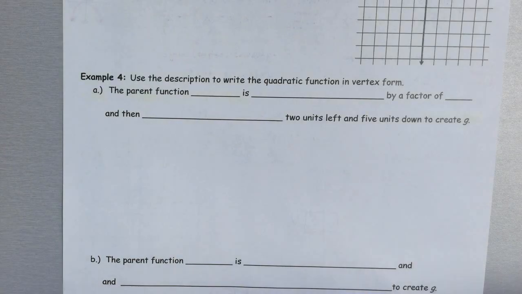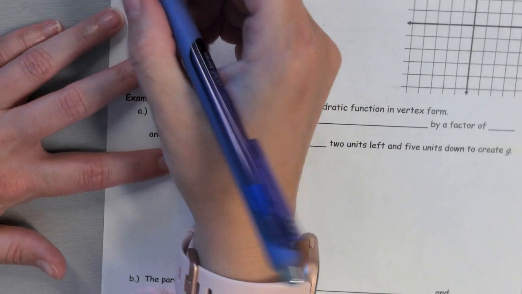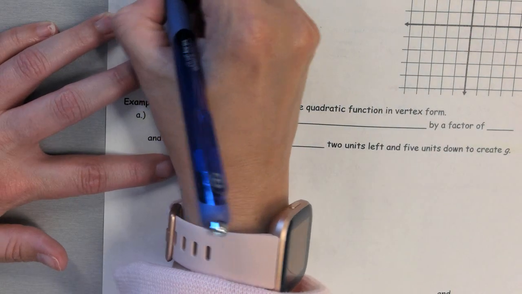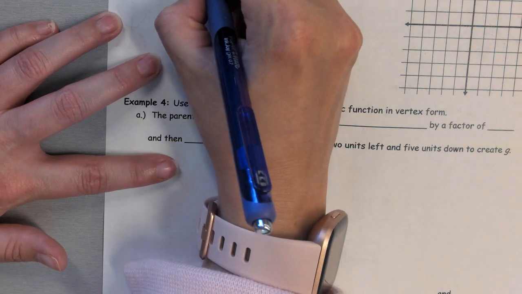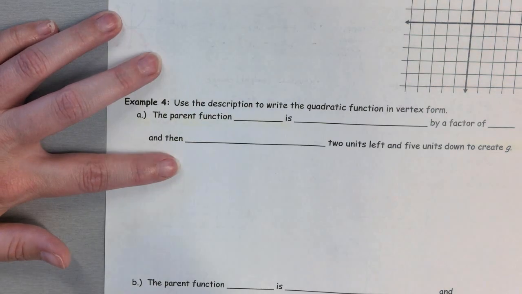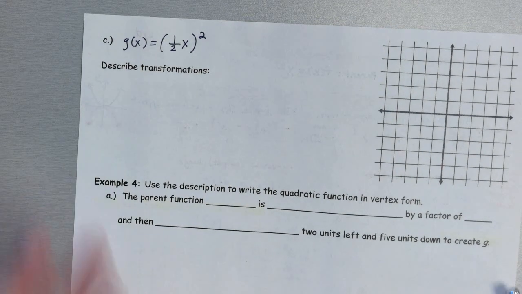All right, so using part B as a model, I want you to try C. So this is g of x equals 1/2 x, that whole quantity, squared. Okay, so you can use part B to help you.